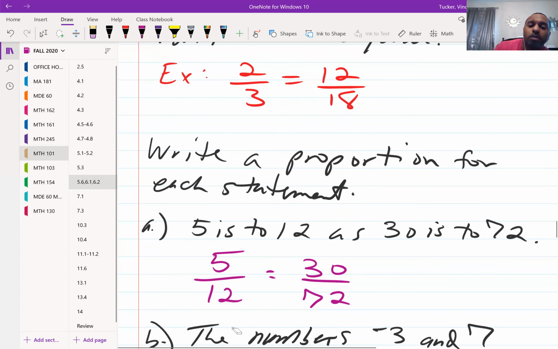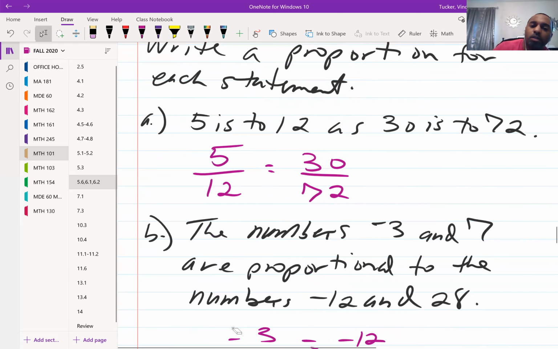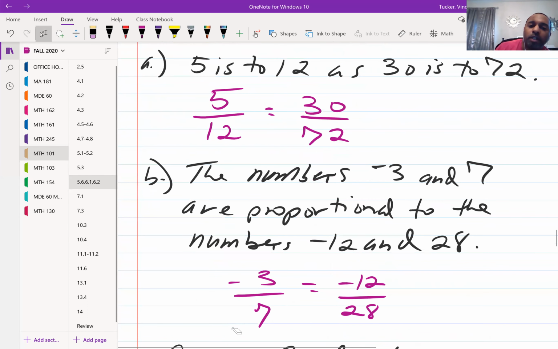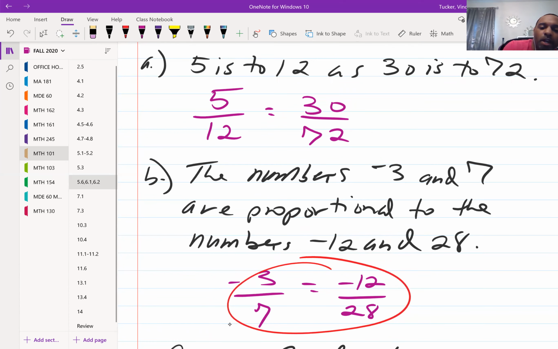All right. Next one, the numbers -3 and 7 are proportional to the numbers -12 and 28. So once again, they're not asking you to solve in this exercise, just asking you to rewrite it as a proportion. You have two ratios equal to each other.